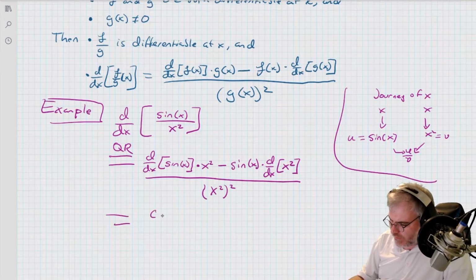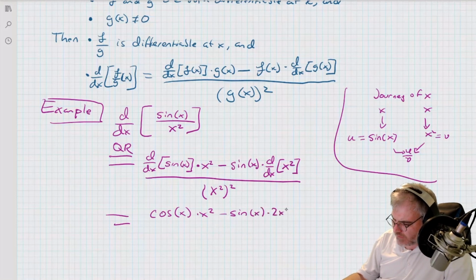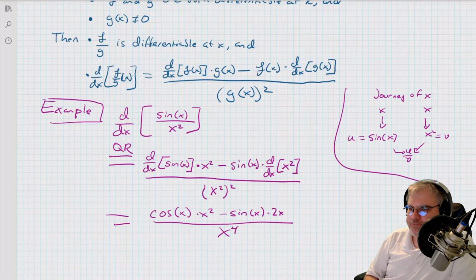So I'm going to get cosine of x times x squared minus sine of x times 2x all over x to the fourth. And I'm going to leave it that way.